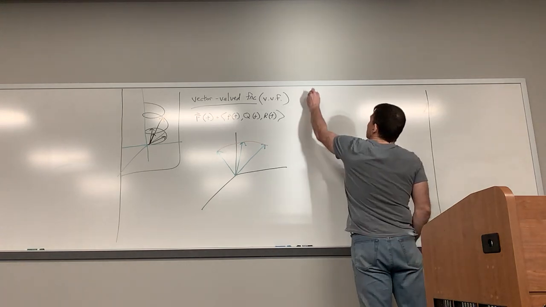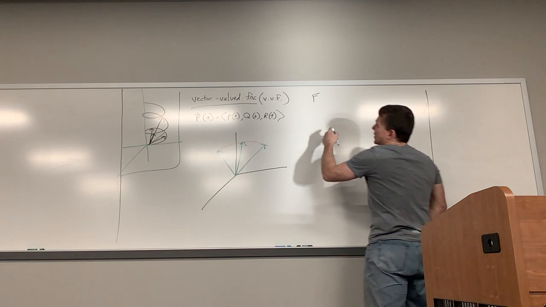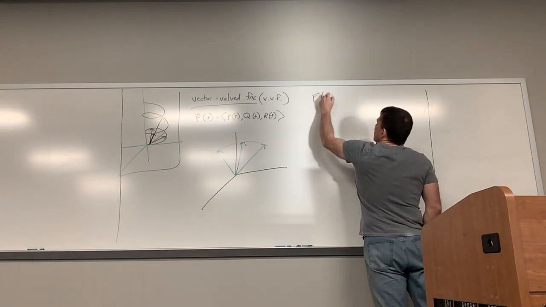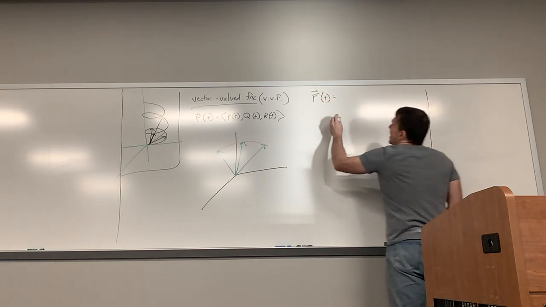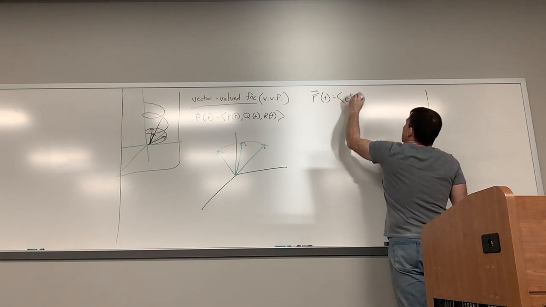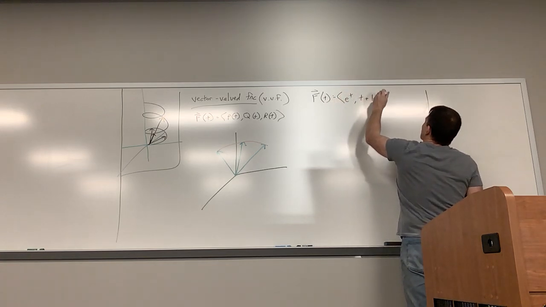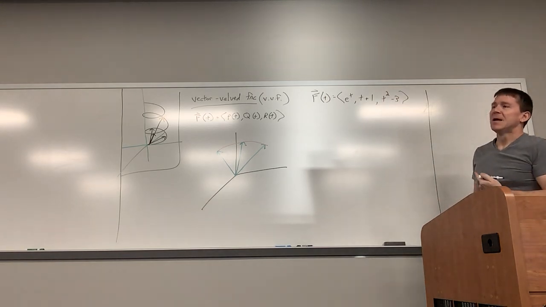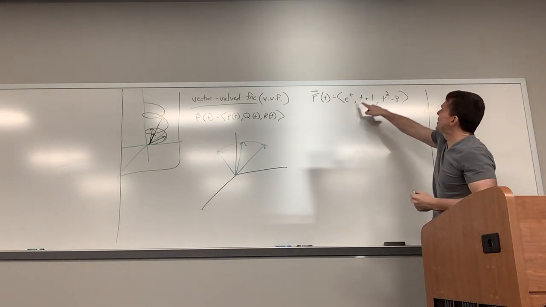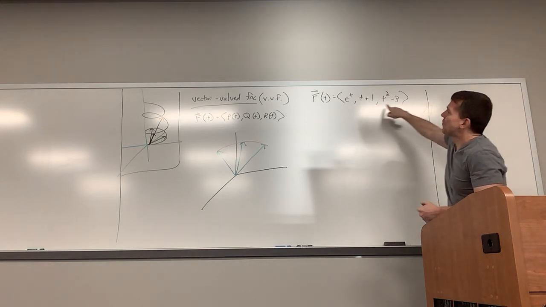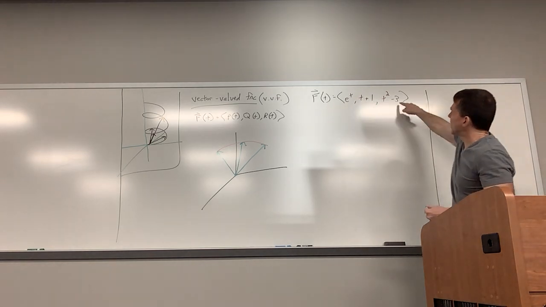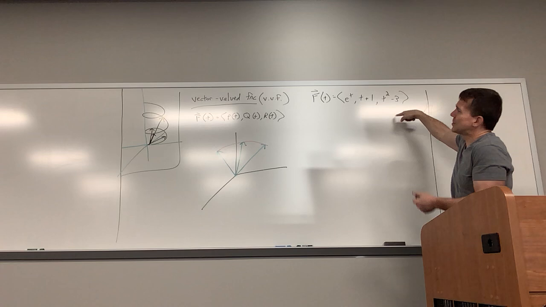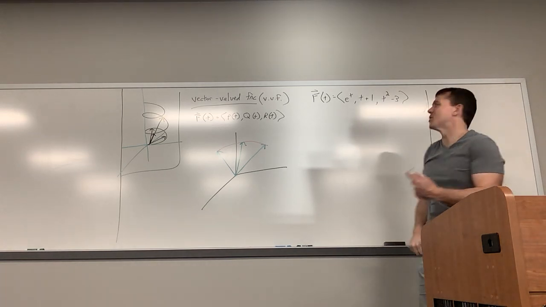So for the purpose of this, I marked the board, so I should be able to stay within it. Suppose I have f of t equals e to the t, t plus 1, and t squared minus 3. Then I have 3 component functions, p of t, q of t, r of t. For any value of t, I plug t into each of those. That gives me a vector, and I'm good to go.